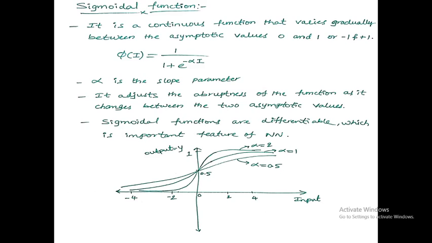So how these values are changing, how this output is changing: you can change the input value I or you can change the alpha value, the slope value. So here you have two parameters to get different output functions.